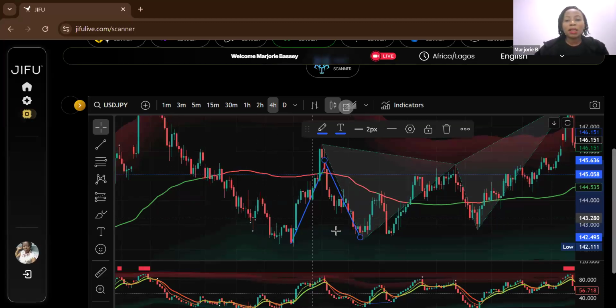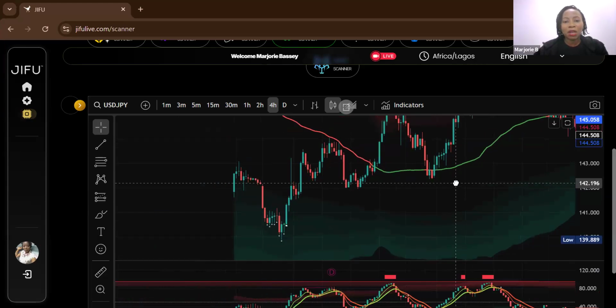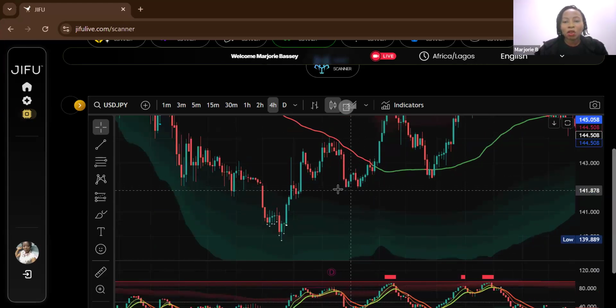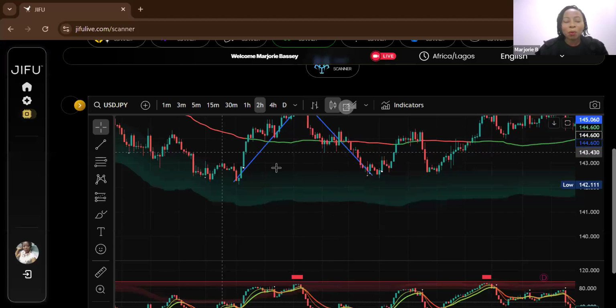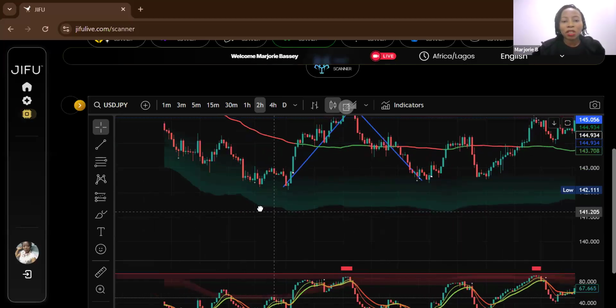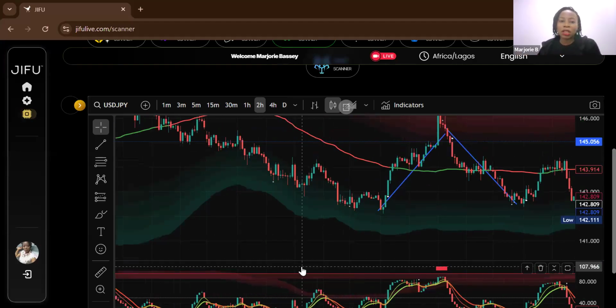But then there's a point where you cannot see a clear movement in the market. The market consolidates at certain points. It's neither moving up nor moving down. So at that point, let me look for a lower time frame. At that point, consolidation is sideways movement. It's just moving like that to the side.